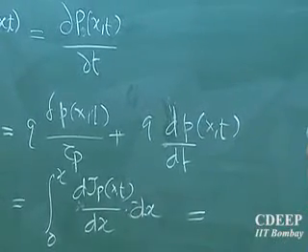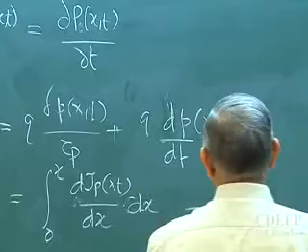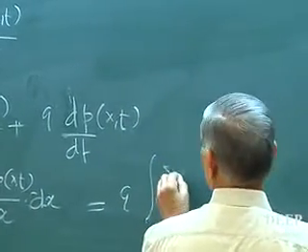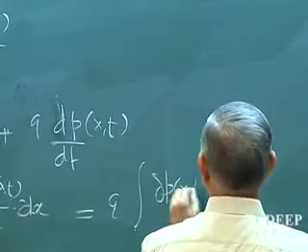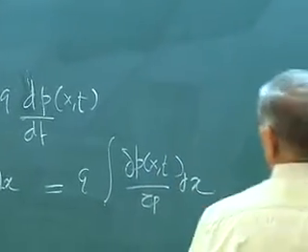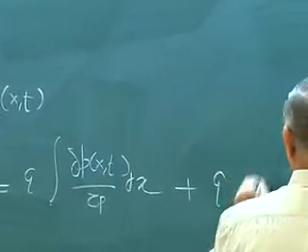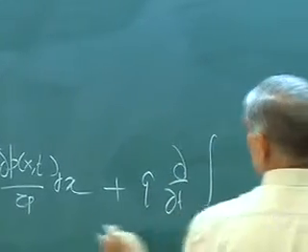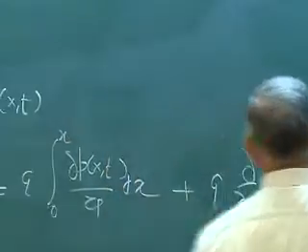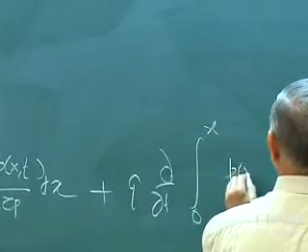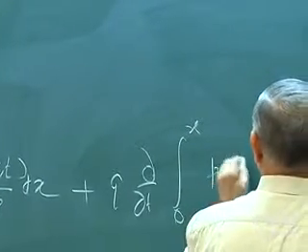On this side, the integral of q delta p(x,t) by tau p dx, plus q times d by dt of the integral from 0 to x of p(x,t) dx.